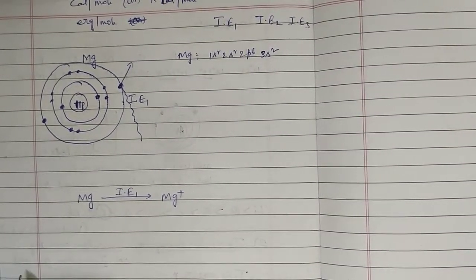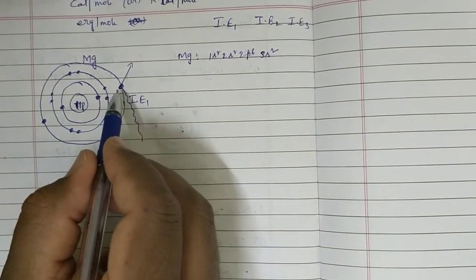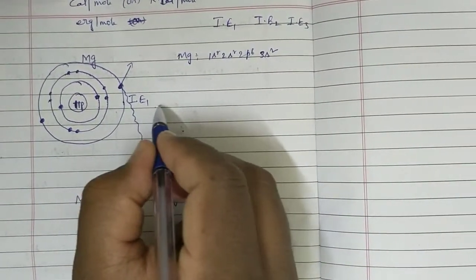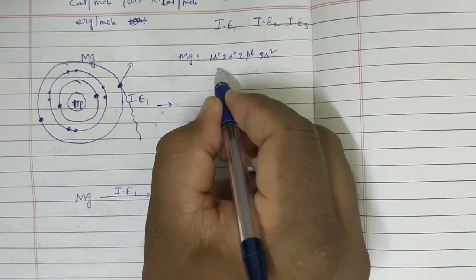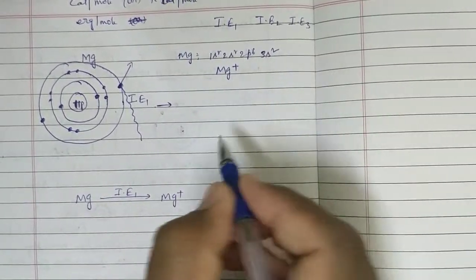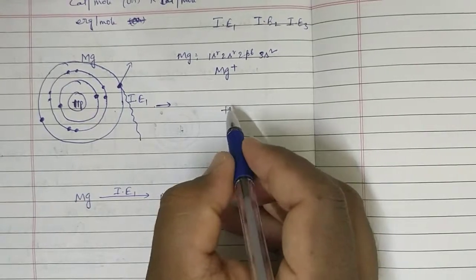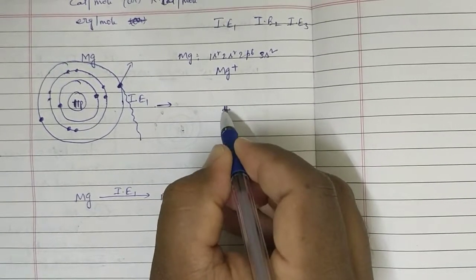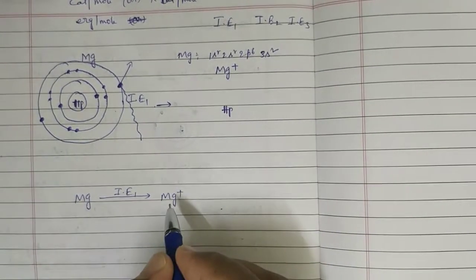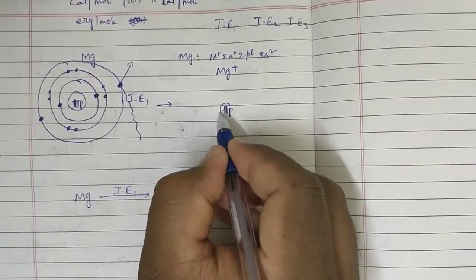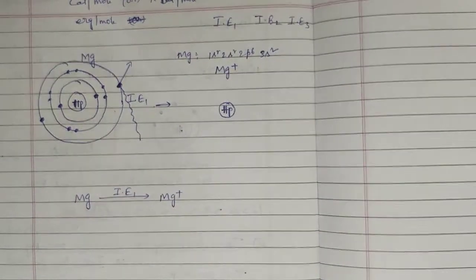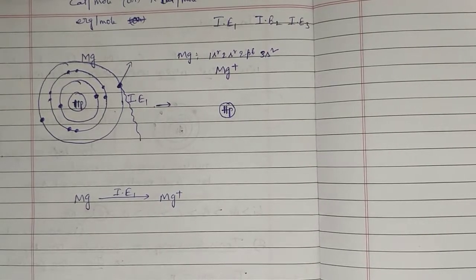Why? We removed one electron. When we remove one electron, it will be converted to Mg plus. Mg plus also contains 11 protons only. We are not going to affect the proton.